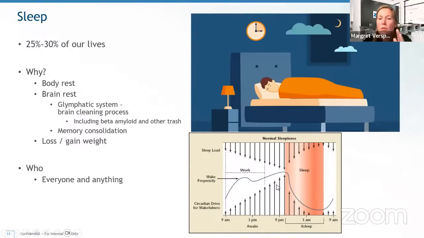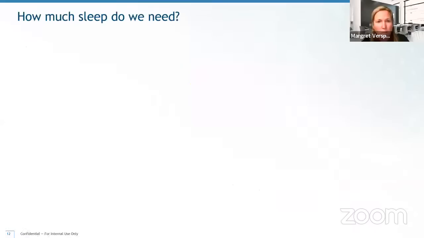So we build up a certain sleep load, and this sleep load is necessary for us to fall asleep. When we fall asleep, we can see that the sleep load decreases again, and then in the morning it increases again. So it's a cyclic process.